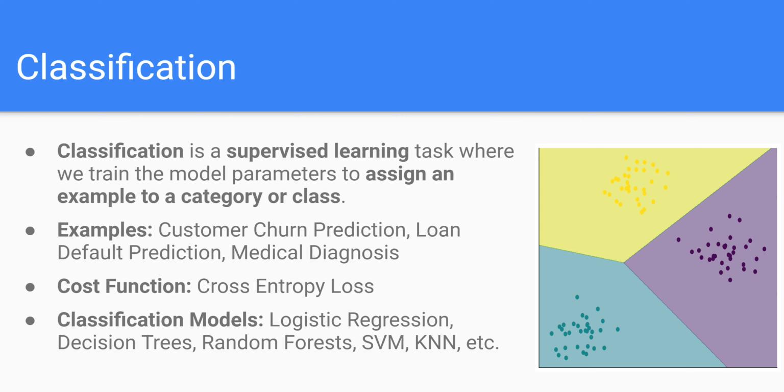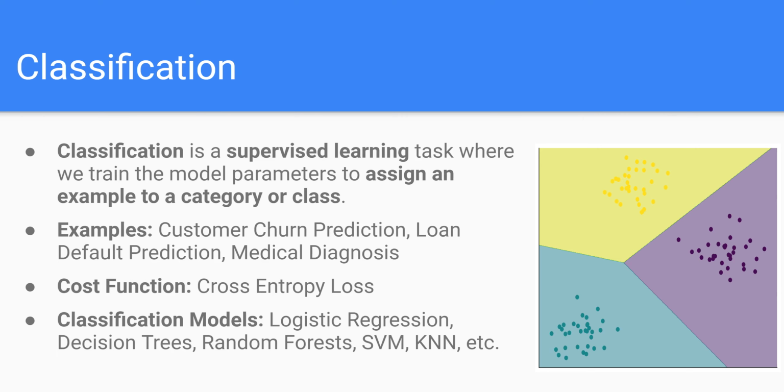Some examples of this classification and also binary classification would be customer churn prediction, where you're trying to train a model based off a customer's behavior to predict whether this customer will leave or unsubscribe from your product within a certain amount of time or stay. And that's a binary classification because there's only two classes, either the customer stays or they churn, right?